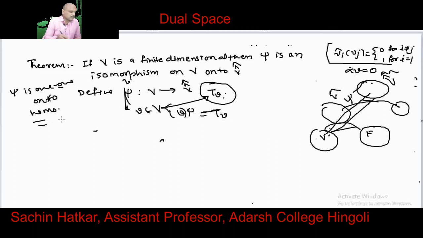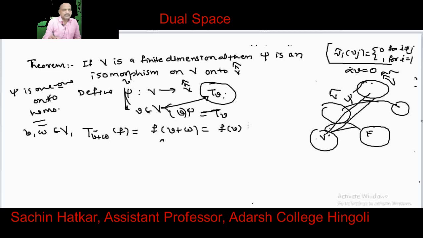Then for v, w belonging to capital V, T_{v+w} of f, by definition of T_v, is f of (v plus w). F of (v plus w) is equal to f of v plus f of w, and this is equal to T_v of f plus T_w of f.